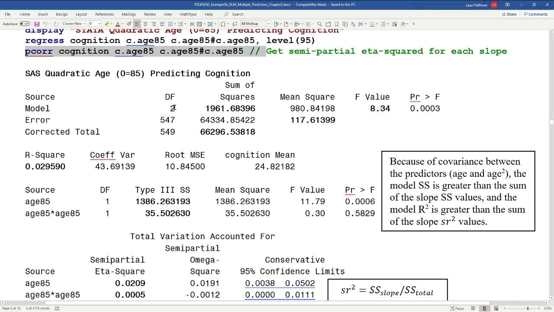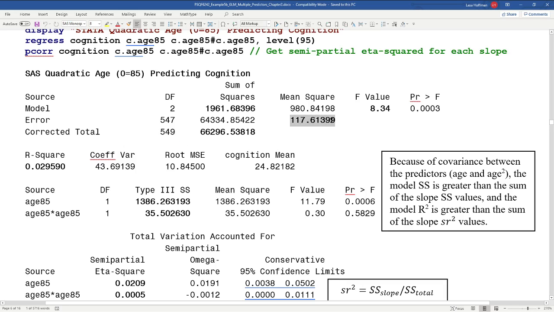Now I have 2 degrees of freedom for the model because I have 2 slopes, linear age and quadratic age. Because I have estimated 2 slopes, I have 547 degrees of freedom left over for a corrected total of 549, given my sample size of 550. The one missing is for the intercept, which is always included.